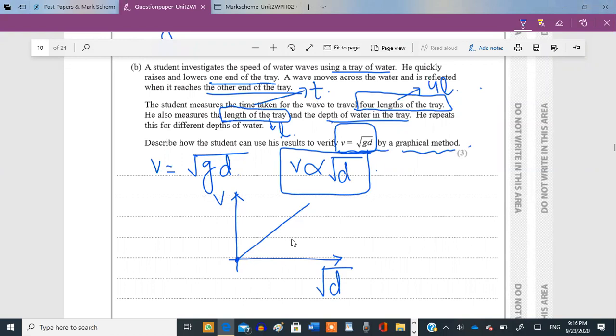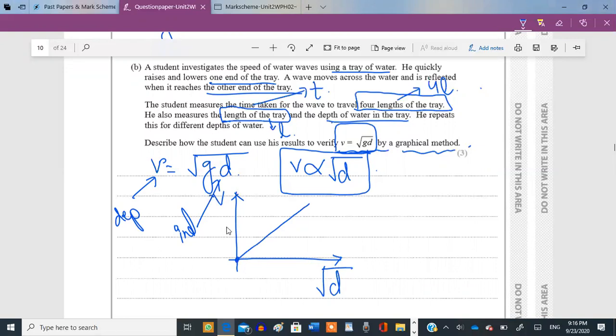How would we know which one goes on which axis? This is the dependent variable and this is the independent variable. The y value is the dependent and the x-axis value is the independent value. Okay, so now you've decided the graph.